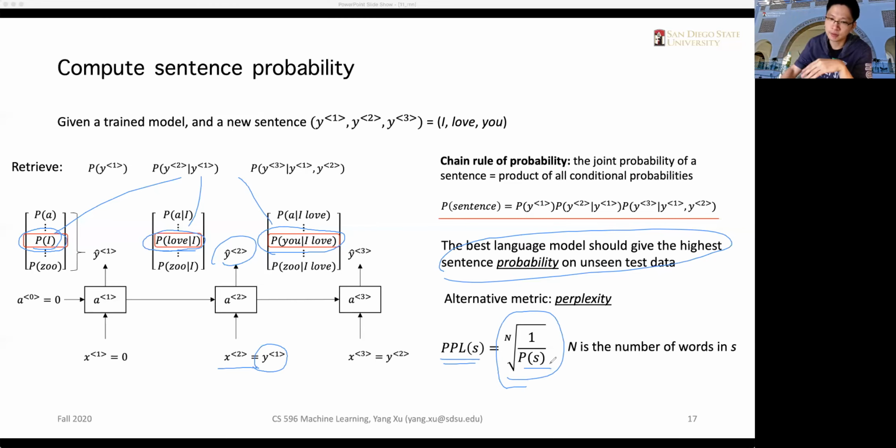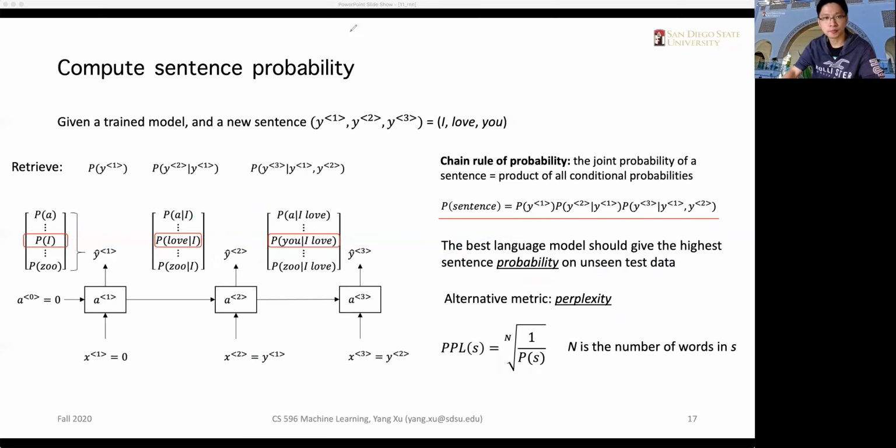So that's why we use perplexity to indicate the performance of a language model. And because it is the reciprocal of the probability, we want the perplexity to be as low as possible, okay? So a language model that has overall lower perplexity scores is the better one that we wish to use, okay?